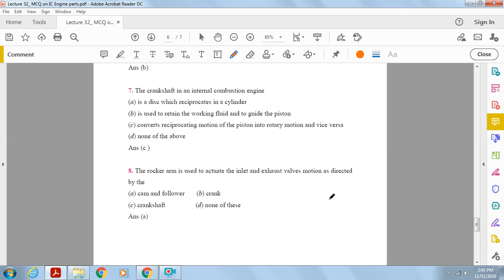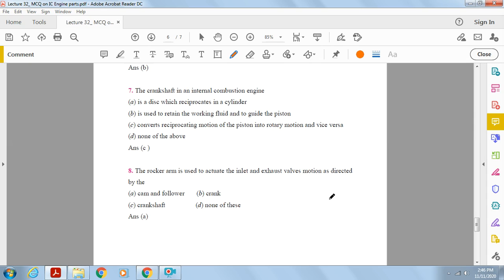As you know from the very basic fundamentals, the piston always reciprocates inside the cylinder, and that reciprocating motion of the piston is transferred to the crank by means of the connecting rod. So ultimately the crankshaft starts rotating. Here the reciprocating motion of the piston is finally converted into the rotary motion of the crankshaft.